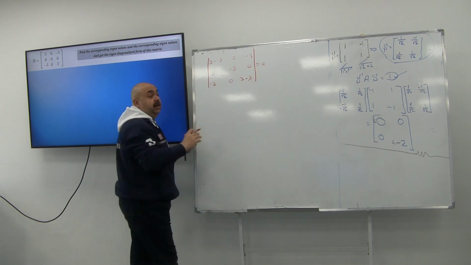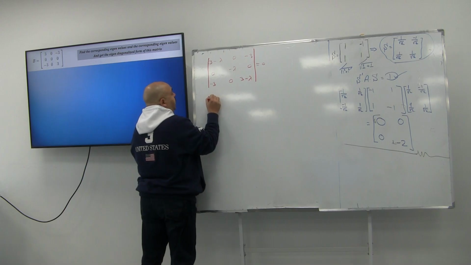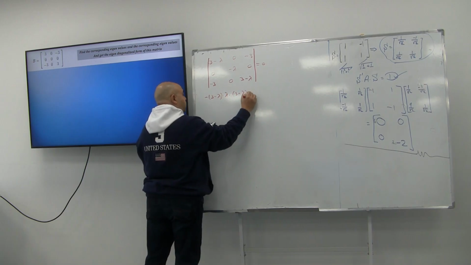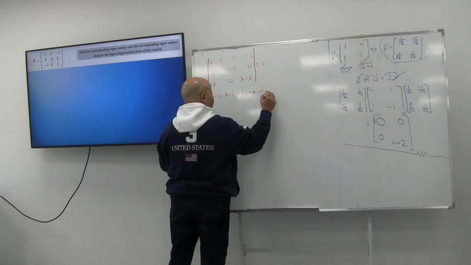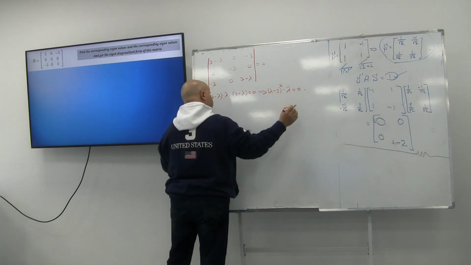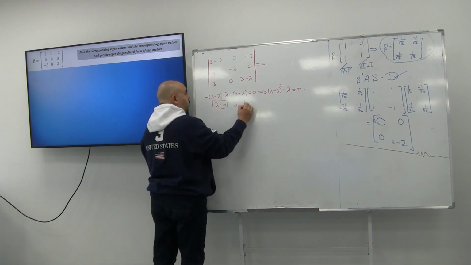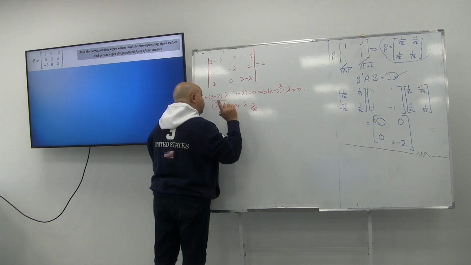If you try to get the characteristic equation of this problem, it's going to be 3 minus lambda times negative lambda times 3 minus lambda, which is equal to 0. And this will leave you with lambda minus 3 to the power of 2 times lambda equal to 0, which means you will have either lambda equal to 0 or lambda equal to positive 3 with a multiplicity of 2.